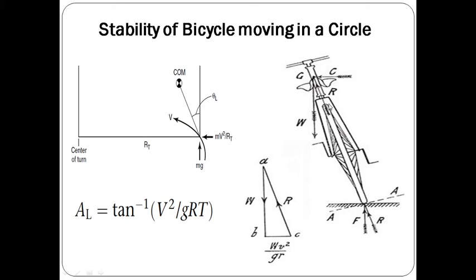Now considering the weight of the rider and bicycle at point G, it is transmitted from G to the ground by a weightless frame.